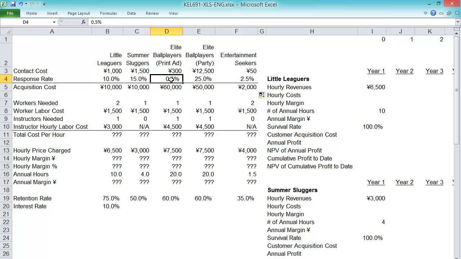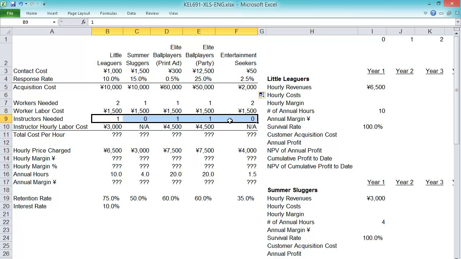Okay, so now the next line has the workers needed lined up. Remember that the little leaguers needed 2 maintenance workers, and so did the entertainment seekers. The rest of them needed 1. Now, worker labor costs are here, and the instructors needed are either a 1 or a 0.